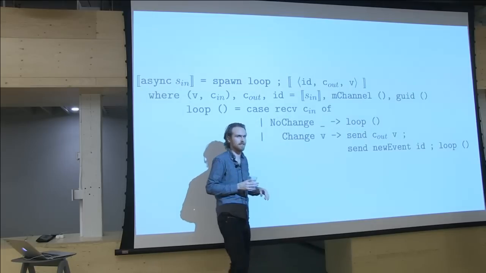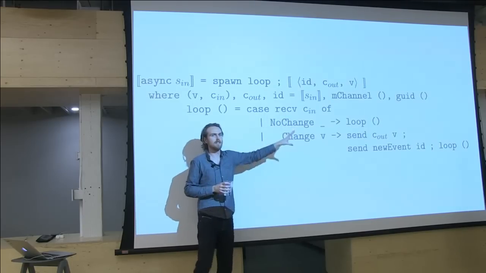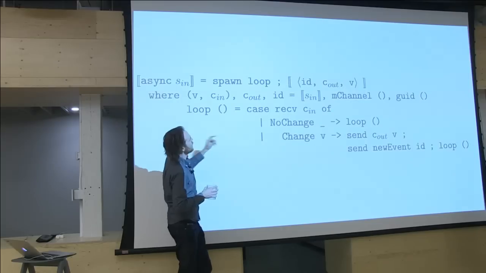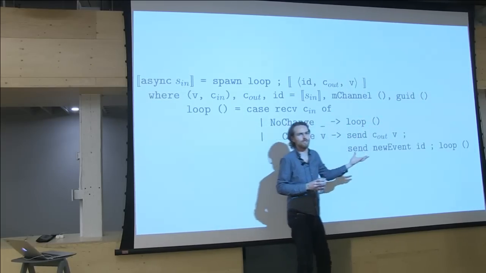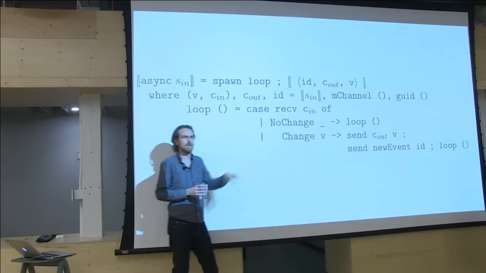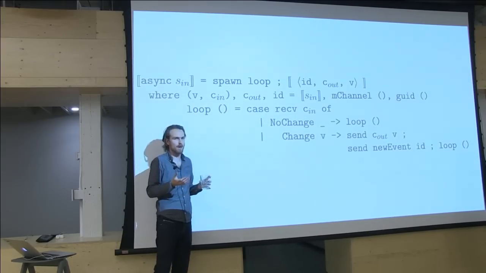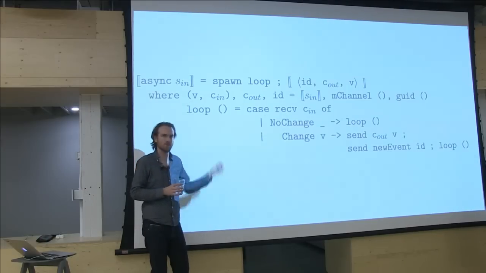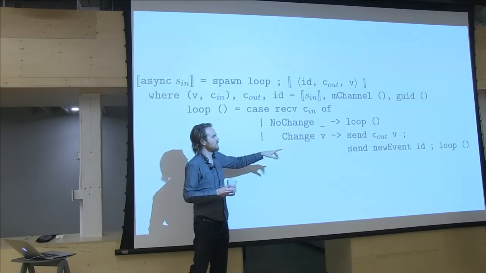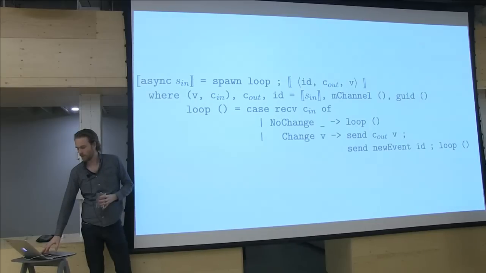It was on one of the slides that I went over quickly, but basically it sends the ID. So this GUID function generates a new unique ID, and that unique ID is associated with this async edge. So those word pairs end up getting some unique word pair ID, and it gets sent to the new event channel whenever this guy gets a change of message.